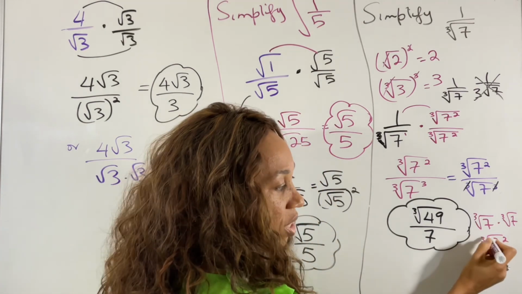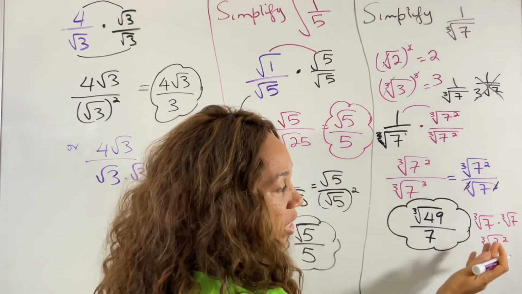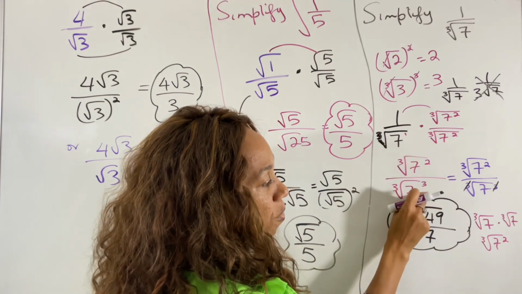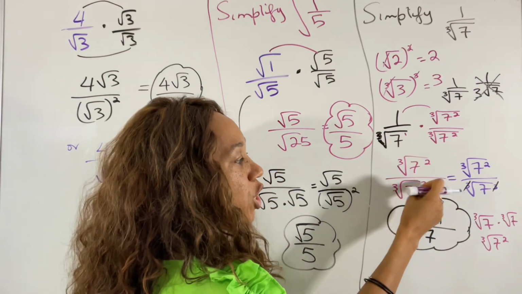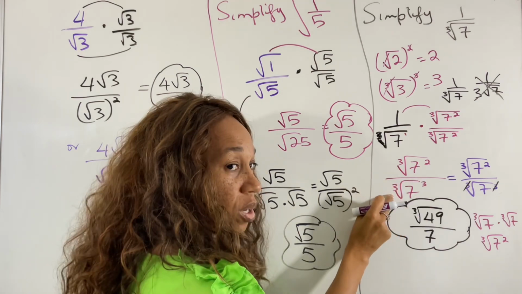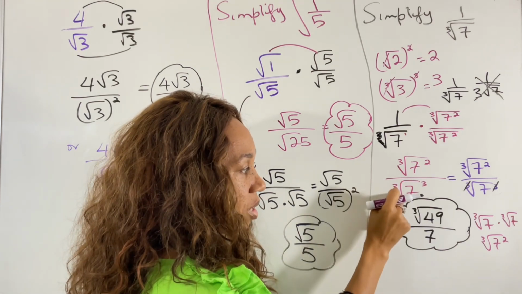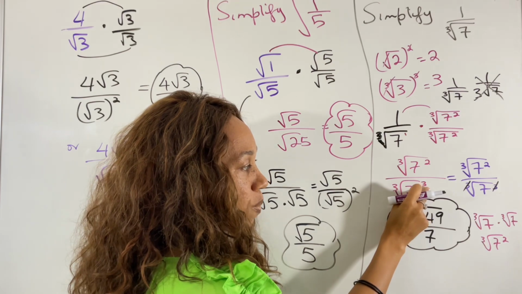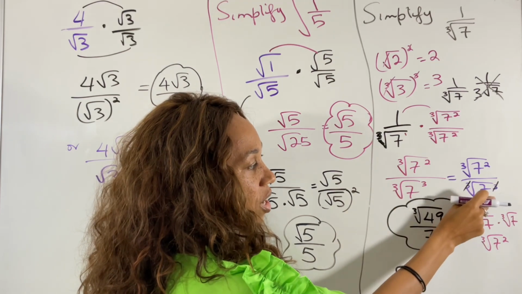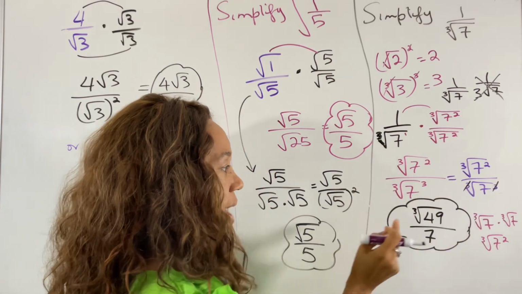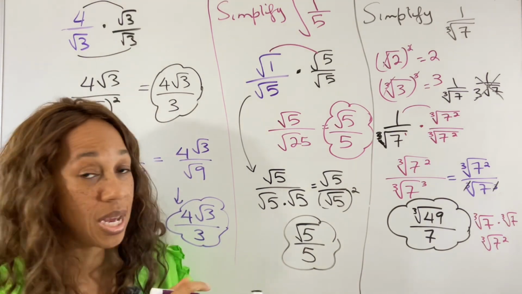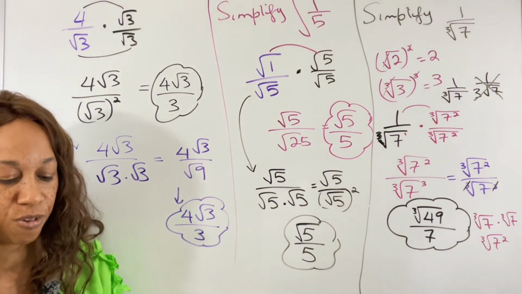You cannot cancel anything out here. That's the reason why you need to end up with the third power, so you can cancel out the index, the radical symbol, with the exponent 3 to end up with just the number underneath, which is the radicand. That's why that is your answer. So be very careful there.